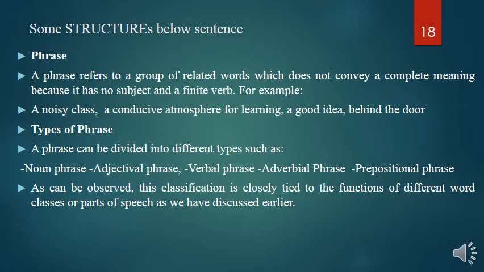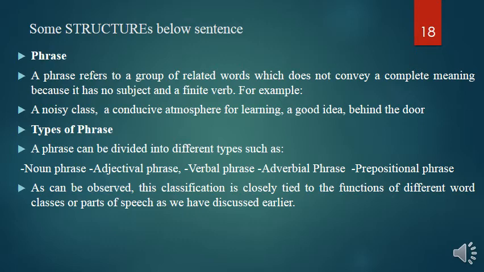There are different types of phrases. A phrase can be divided into noun phrase, adjectival phrase, adverbial phrase, verbal phrase, and prepositional phrase. As we can observe, this classification is closely tied to the function of different word classes or parts of speech we have discussed.